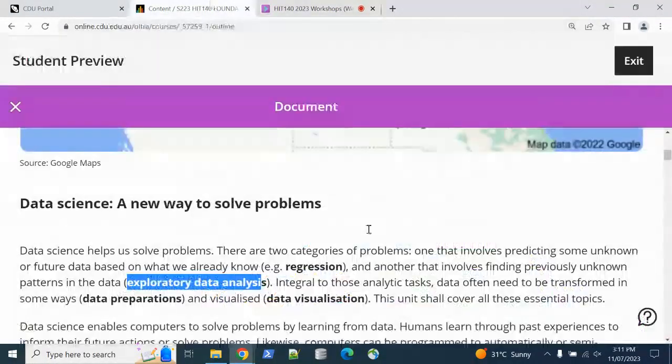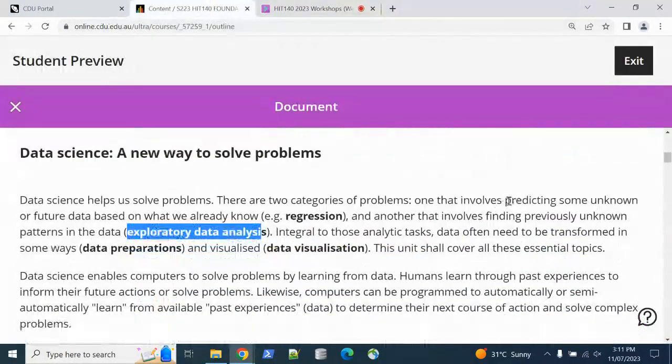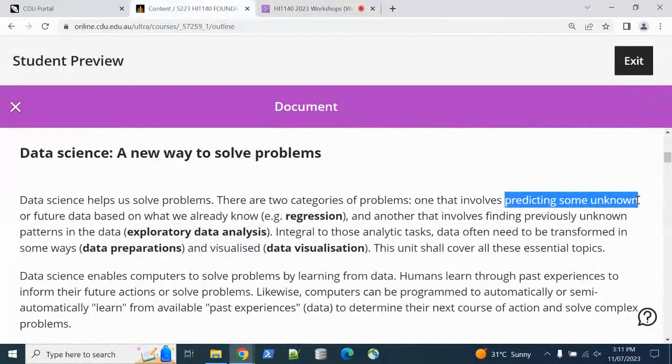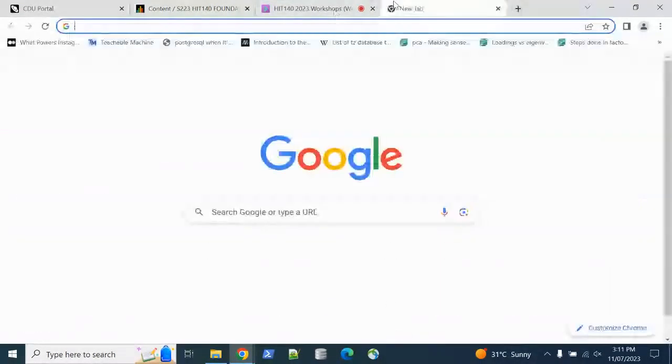Now I'm going to give you another illustration about predictive analysis to predict some unknown or future data. You see that there's an apple here, and there's obviously an orange. That's not my snack, but they are here for a purpose.